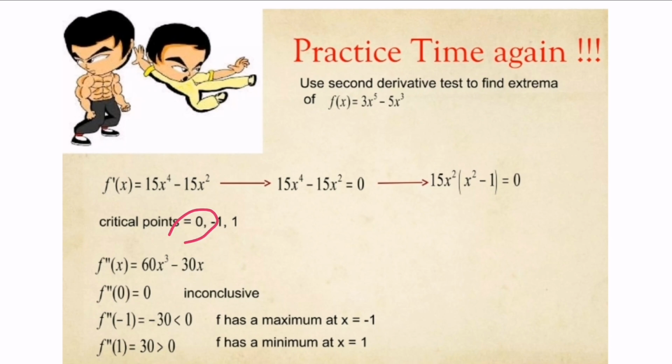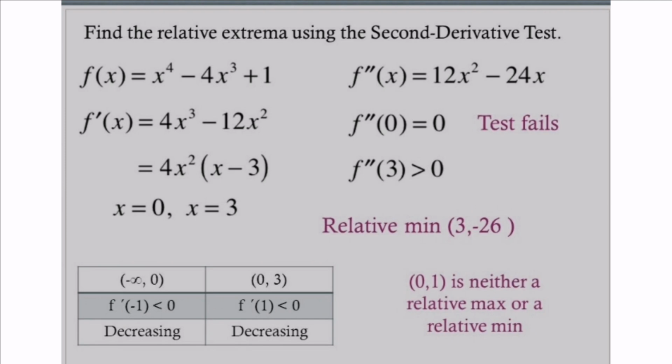Now the second example, or third example: find the relative extrema using the second derivative test of the function f of x is equal to x power 4 minus 4x power 3 plus 1.